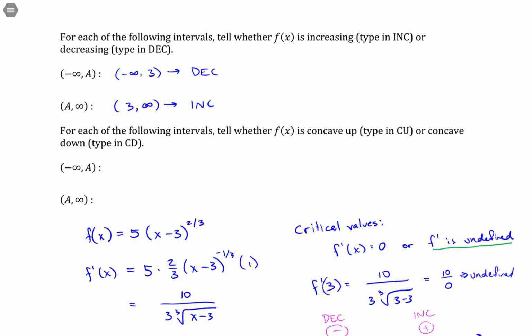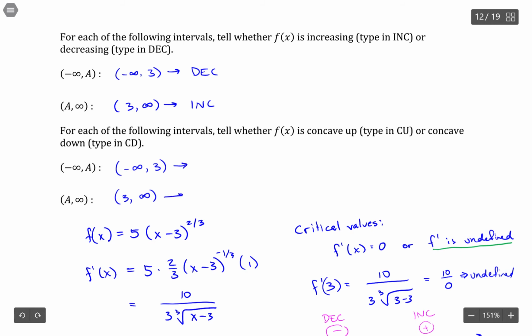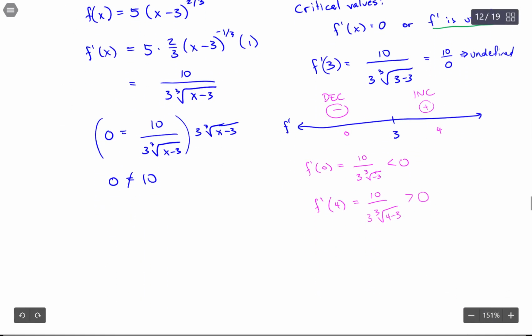Now, for each of the following intervals, tell whether f of x is concave up or concave down. So A still is that value 3 that we found. So we just want to see, are we concave up or concave down? And the test is pretty much the same as we did with the first derivative.